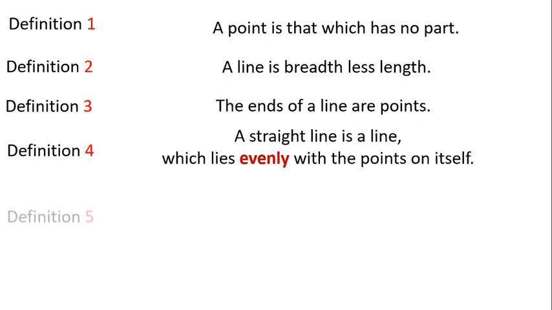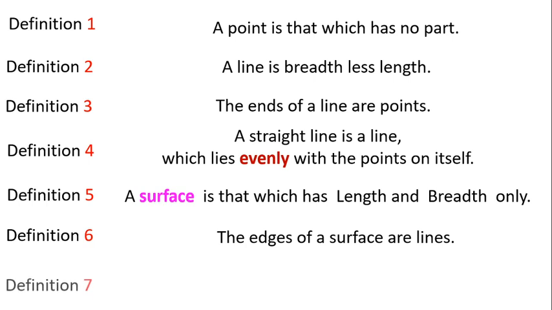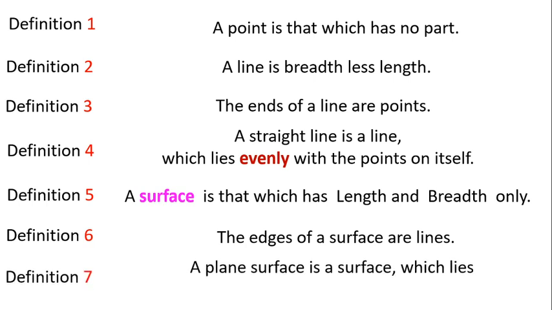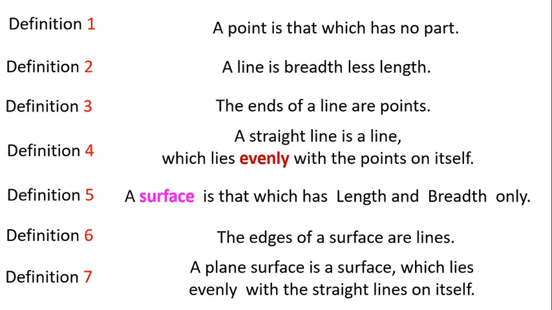You can read for yourself all the 6 definitions you can see in one single slide. So these are the 7 definitions which one has to remember if you really wanted to understand, enjoy, appreciate the subject geometry. Okay.